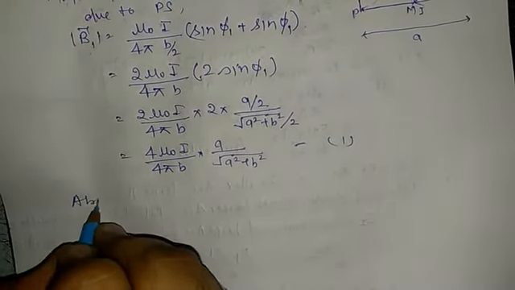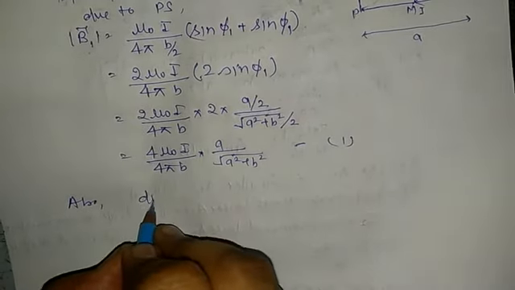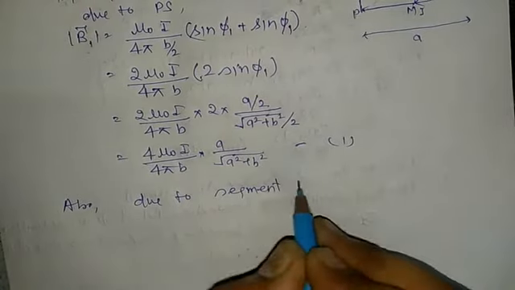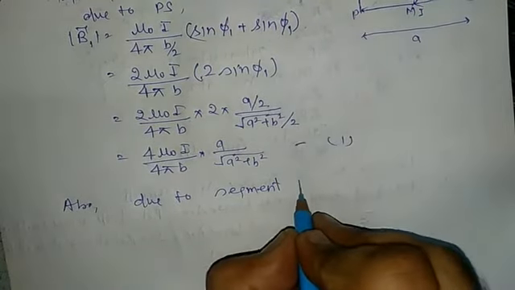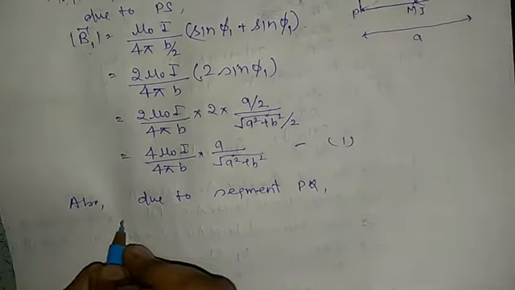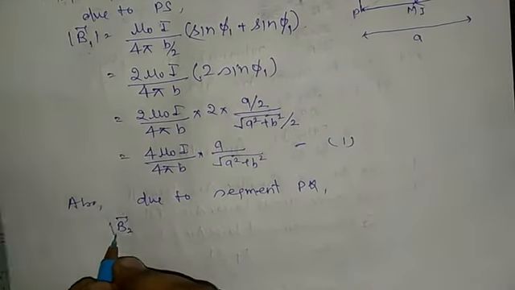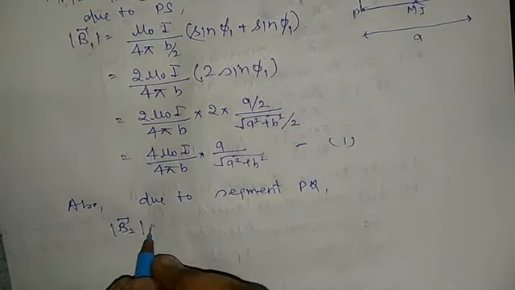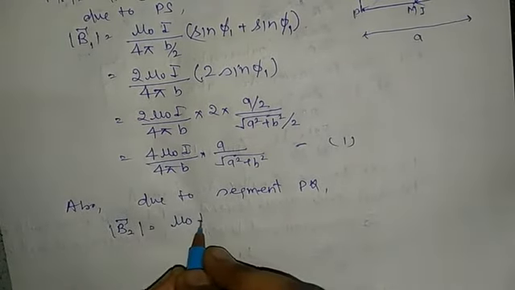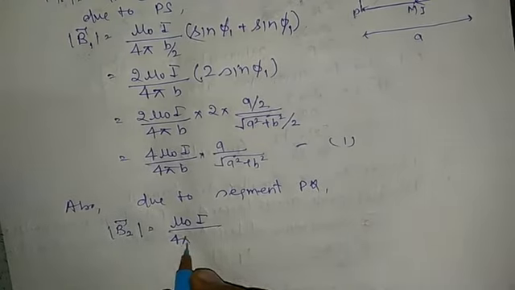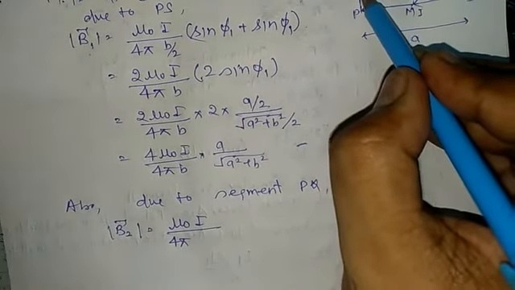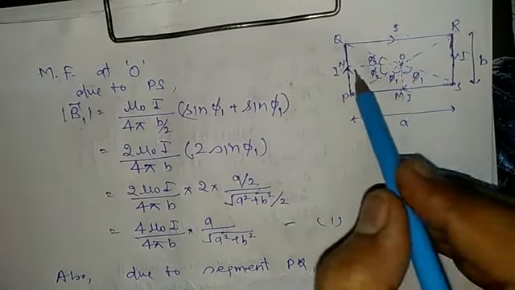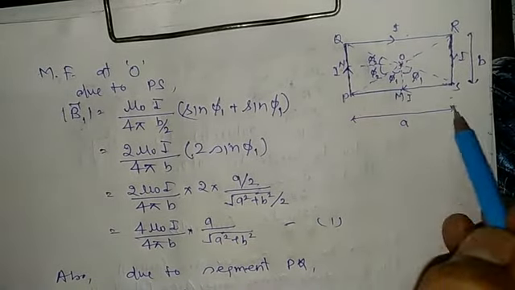Also, due to segment PQ, we have magnetic field equal to B2, and this B2 will be equal to mu naught I upon 4 pi into the distance NO, and this NO will be equal to half of a.